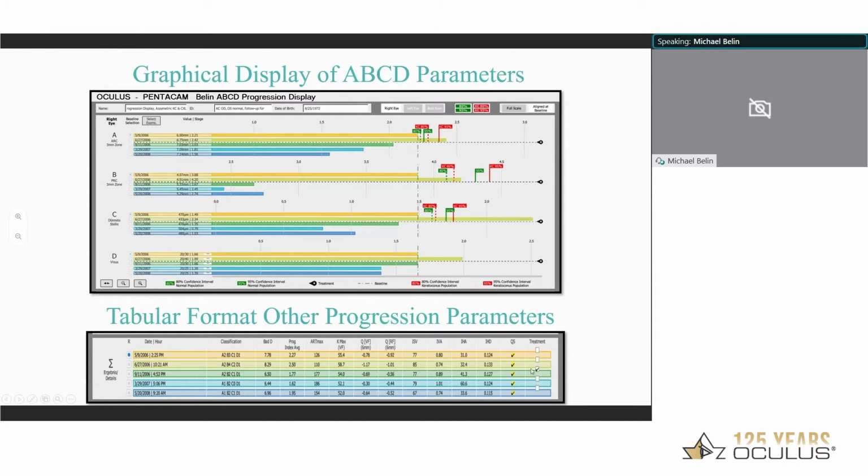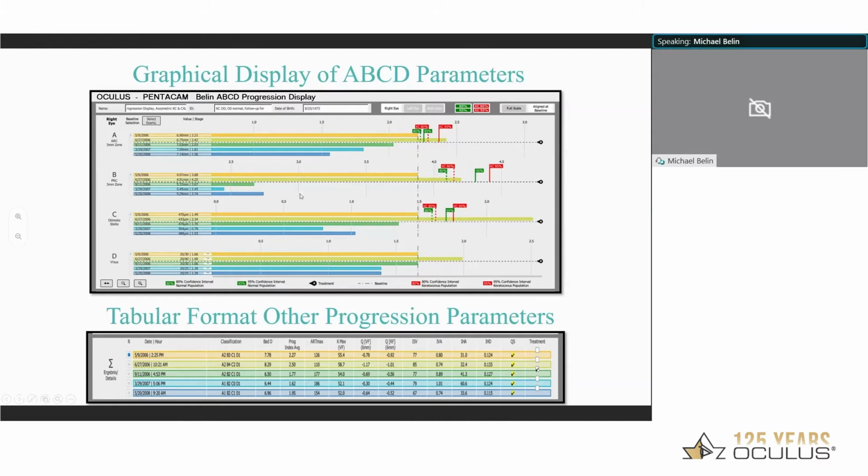You can also show here when you've done a treatment, and here by treatment we really mean cross-linking. I'll discuss this later, but as soon as you show that you've done a treatment, confidence intervals will not appear after treatment, since the confidence intervals were not developed for post-treatment or post-cross-linking eyes.